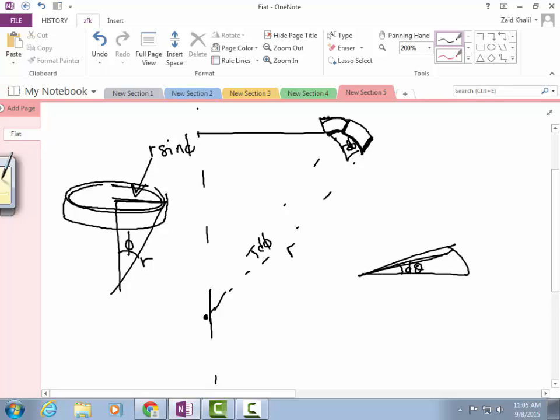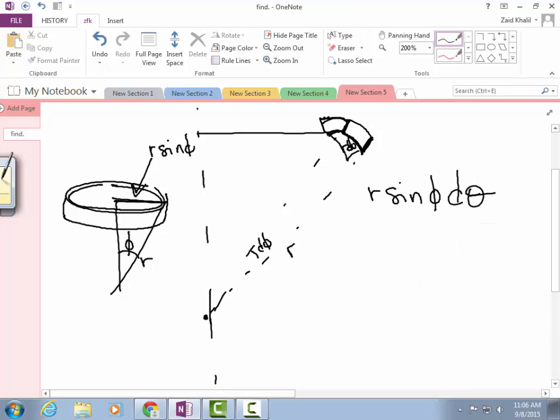And so then what we have is that the volume element is going to be r sine phi d phi. Wait, I'm sorry, that's d theta. Sorry.